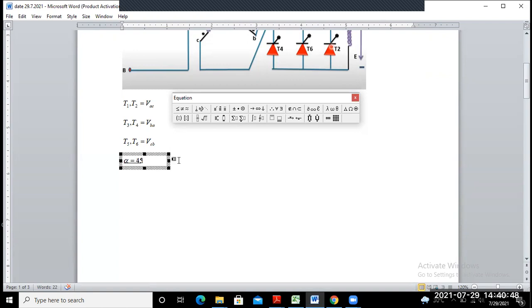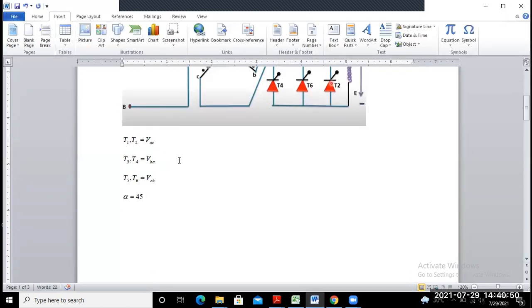As we know, whenever the thyristors are forward biased, they still do not conduct until the pulse is provided to the thyristor. And next, T1, T3 and T5 we consider as the positive cycle thyristors, and T4, T6, T2 as the negative cycle thyristors. Keep this in your mind.